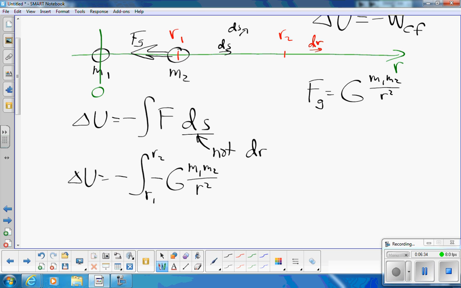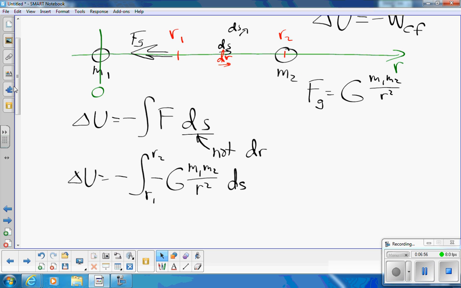And then I'm going to write ds, because this thing is moving along these little steps, where ds is a little tiny vector, a little tiny step in some prescribed direction. It turns out for this particular problem, though, that because I'm moving straight along the r-axis from r1 to r2, ds is dr. They're the same thing.